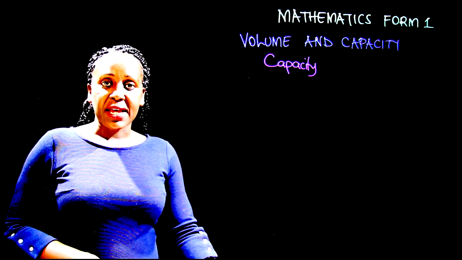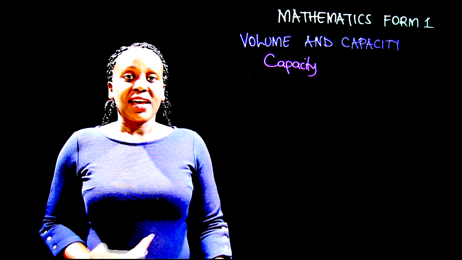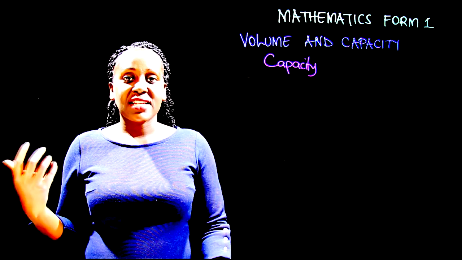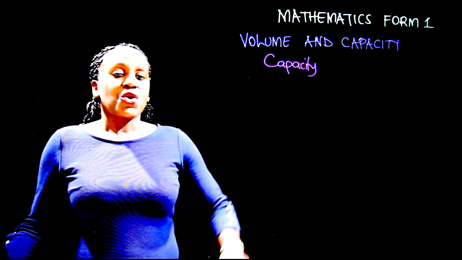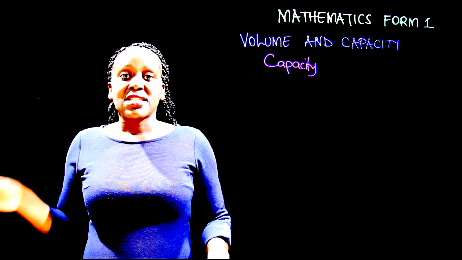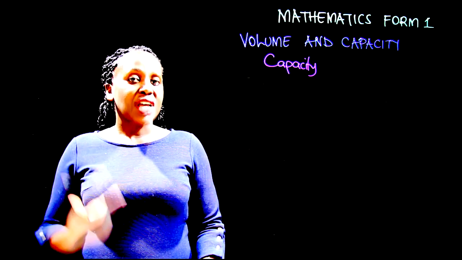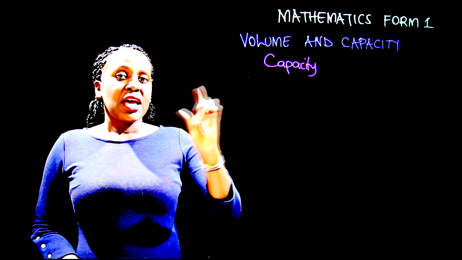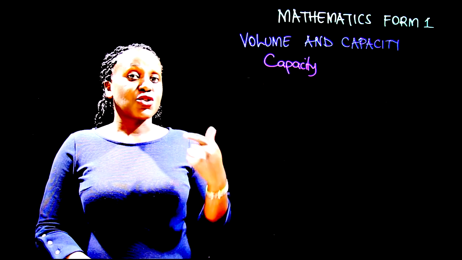Sometimes you go to the supermarket and you want to buy something like cooking oil, and sometimes you buy cooking oil for 1 liter, 2 liters, 3 liters, and so on. So the 3 liters, the 2 liters refers to the capacity of the container which has the oil. Well, obviously there's usually some space left, to ensure that it doesn't spill and doesn't go bad.